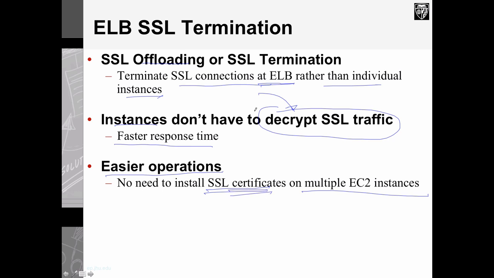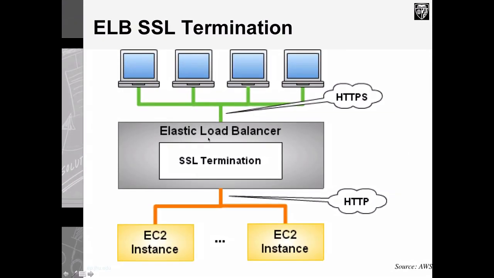So this feature is called SSL termination, and this is how it looks from end to end. These are my clients, and the green lines indicate HTTPS communication. They're making an encrypted session call to my Elastic Load Balancer. The SSL gets terminated there.